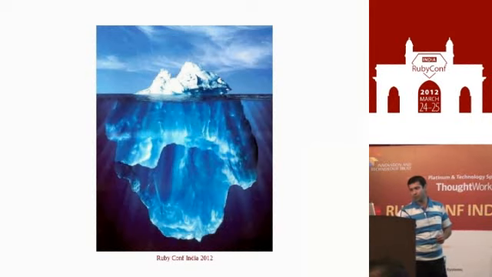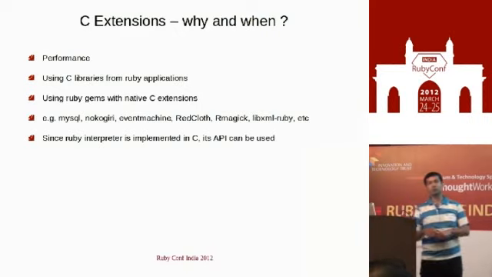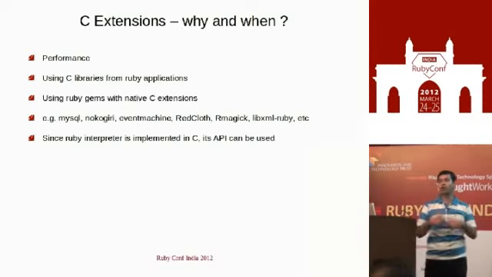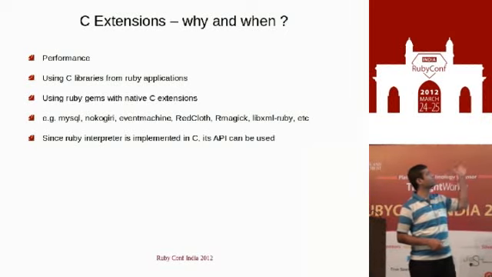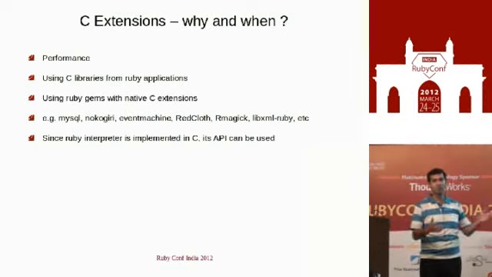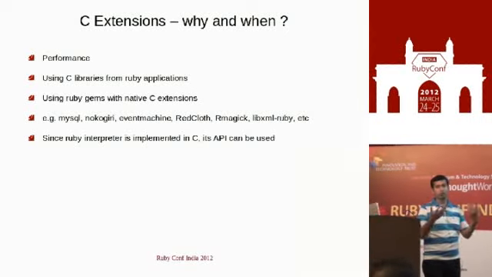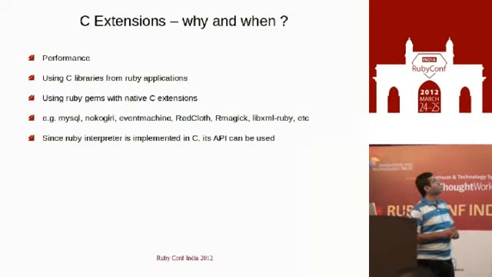Before closing my talk, I just want to highlight the C extension part. Why do we use C extensions, and when should we use them? The obvious reason is performance. There are already existing C extension libraries we always use, like Nokogiri, EventMachine, MySQL, and JSON, which are C native extensions. It becomes helpful when we know the underlying implementation in C, because we can map what is happening inside the C extensions.